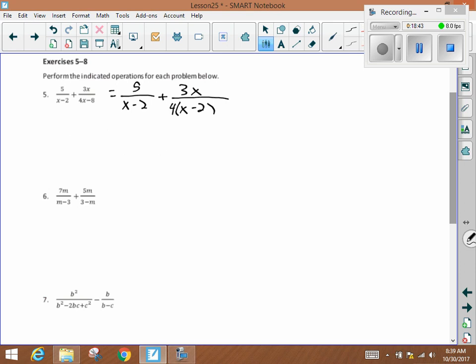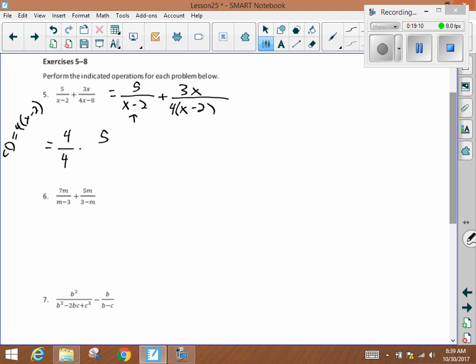So what's that mean? Well, common denominators. Let's write it down. It's 4 times x minus 2. Okay, so that means what I need to do to get a 4 times x minus 2 over here is to multiply both my numerator and my denominator by 4.